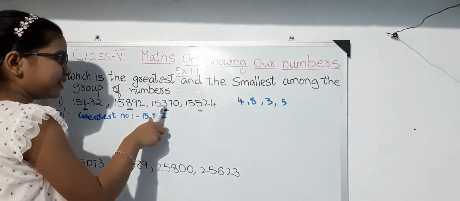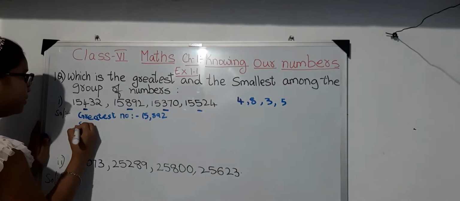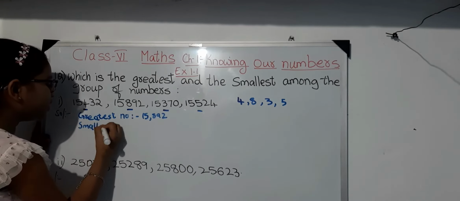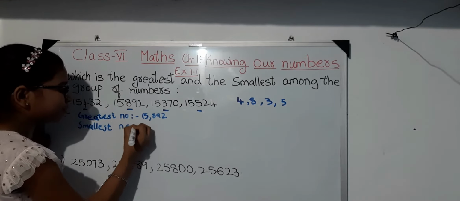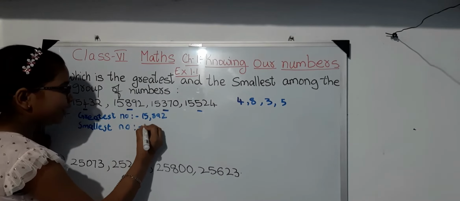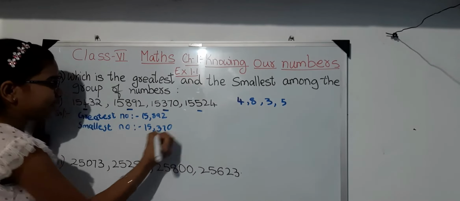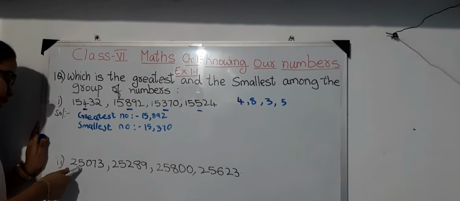So 15,370 is the smallest number. Smallest number is 15,370.